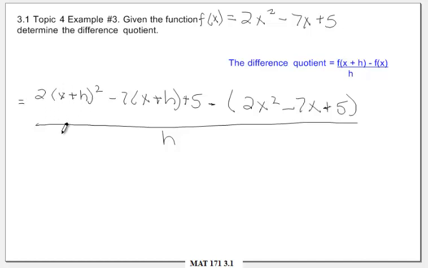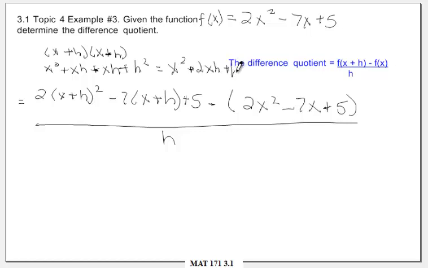So I'm going to multiply x plus h times x plus h. When I do that, we get x squared plus xh plus xh again plus h squared. Whenever you have to put an x plus h in a squared, it's always going to give you this. It's always going to give you x squared plus 2xh plus h squared.